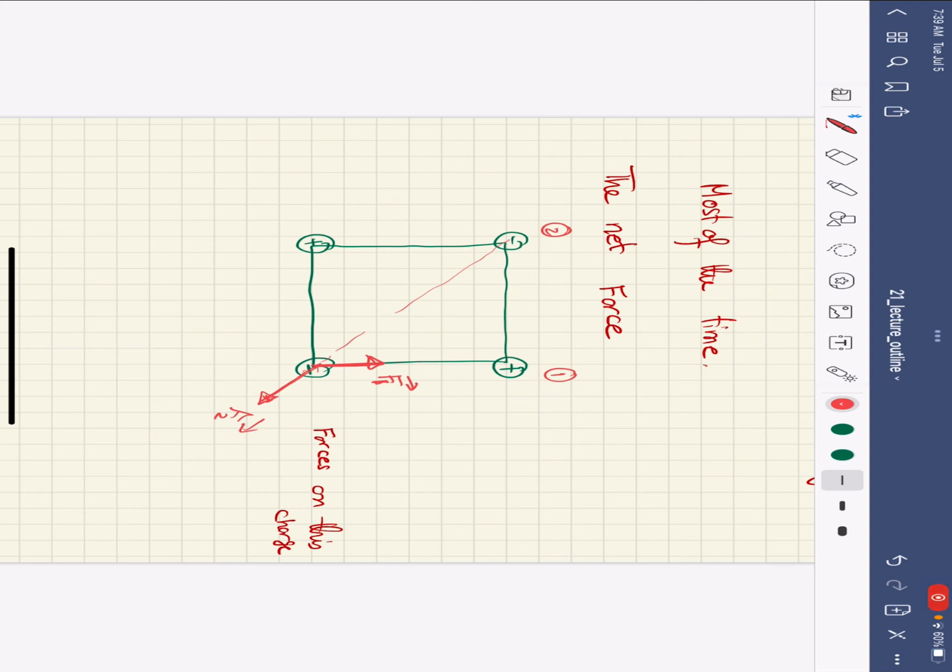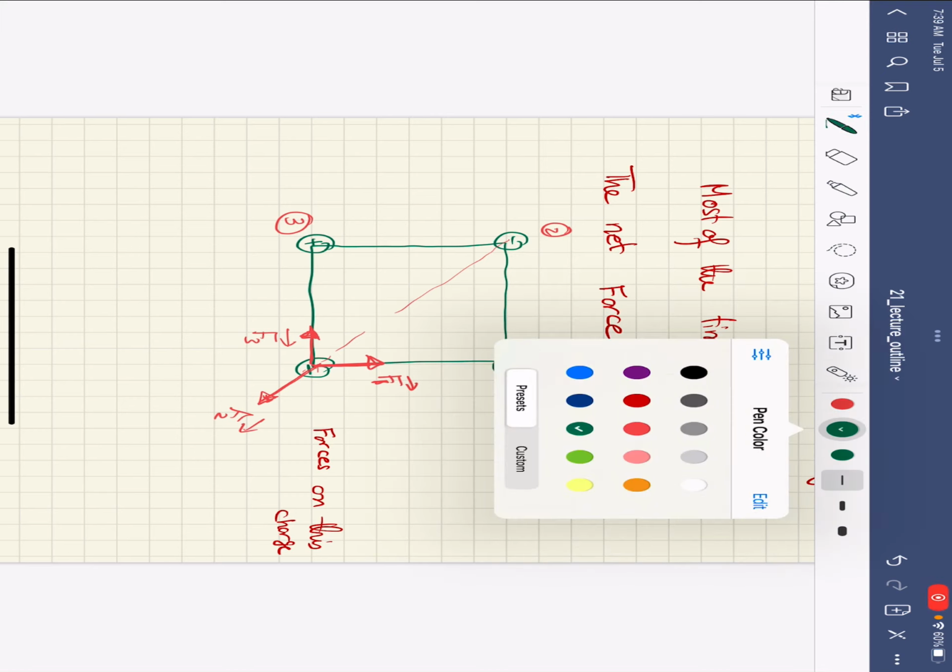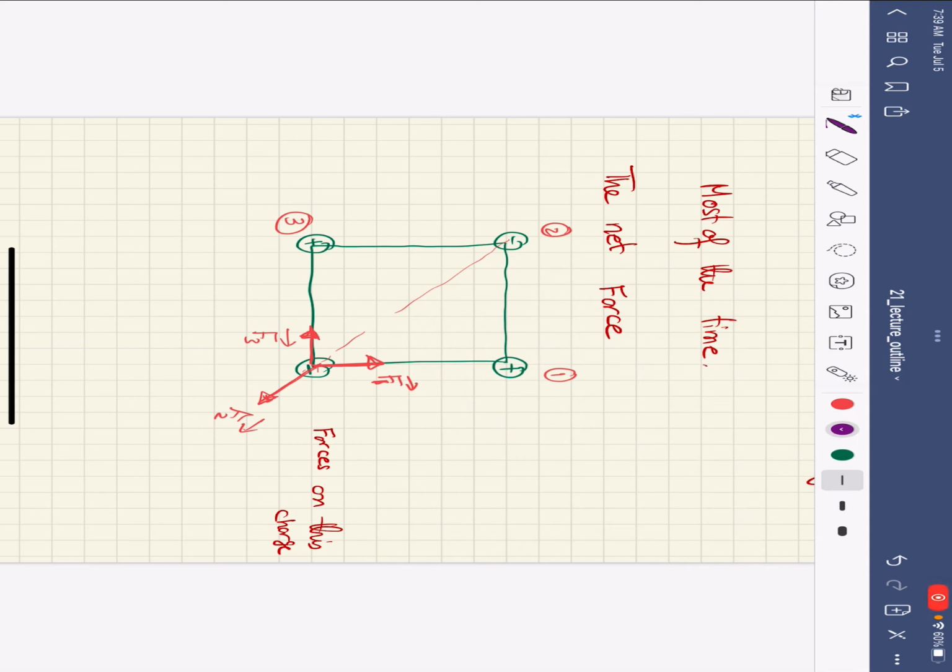And I will also be attracted to this. Then here I have the three forces acting, and most of the time you should have an understanding of the basic geometry, how to determine the angles. For example, here this is 45, and maybe also this one is going to be 45.